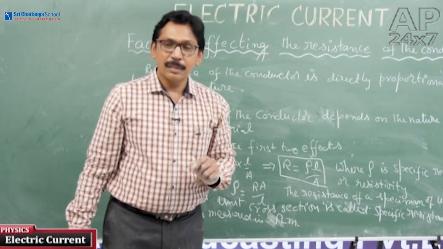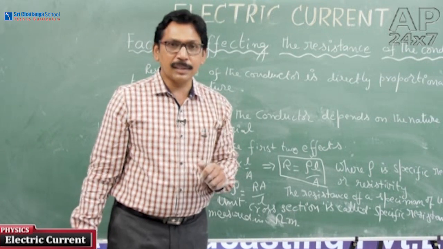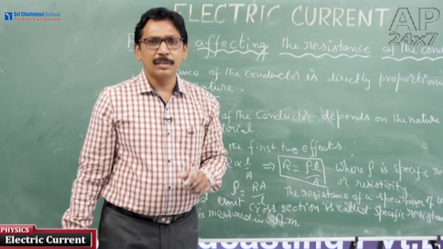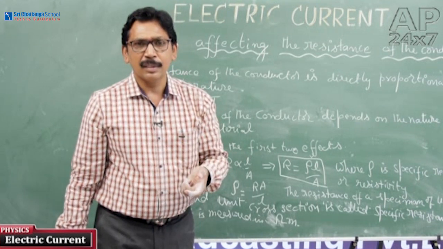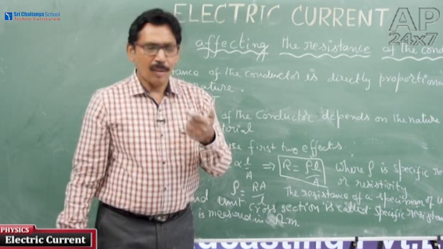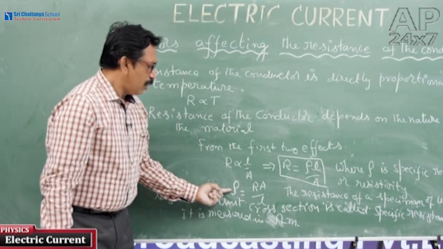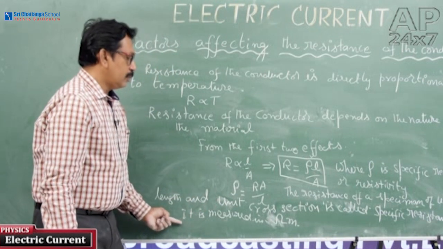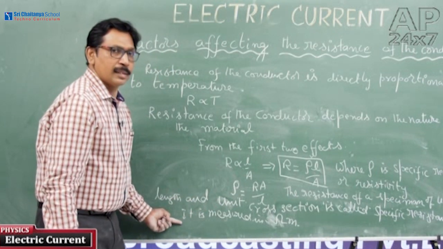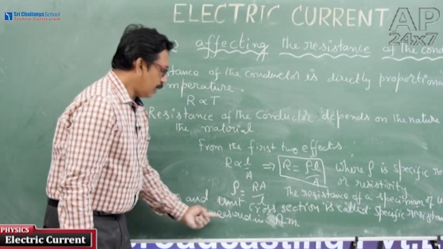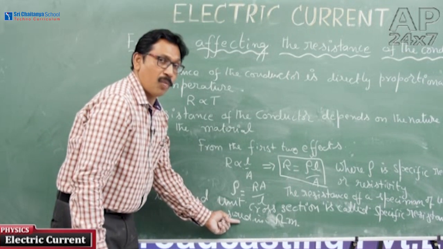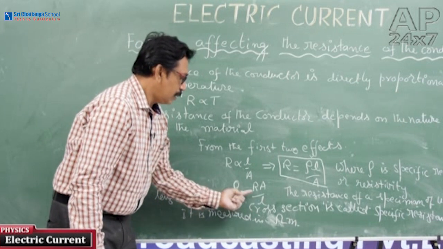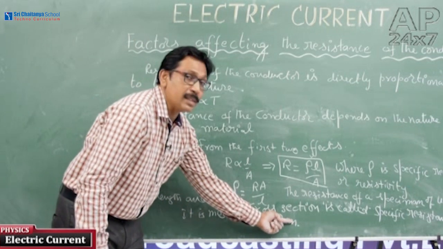I repeat, resistivity is defined as the resistance of a specimen of unit length and unit cross section area. From the formula rho is equal to RA by L, I can get the unit of specific resistance, that is ohm meter.